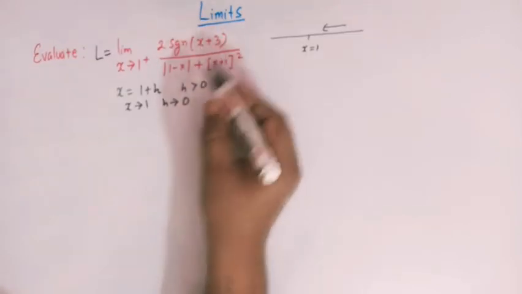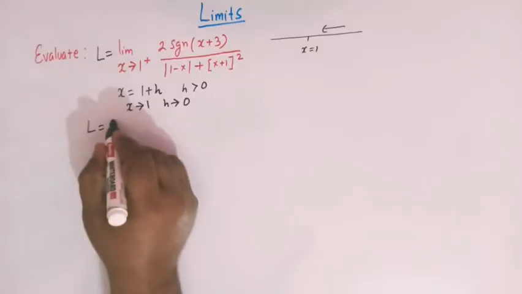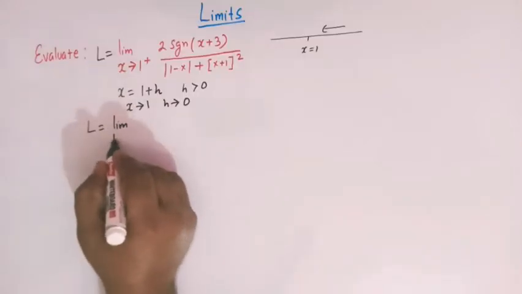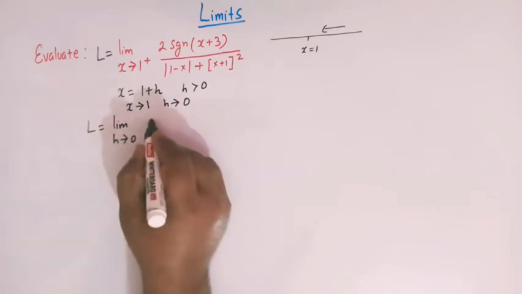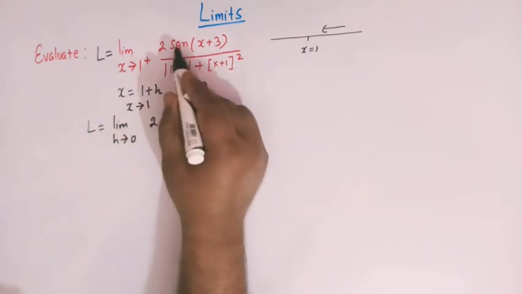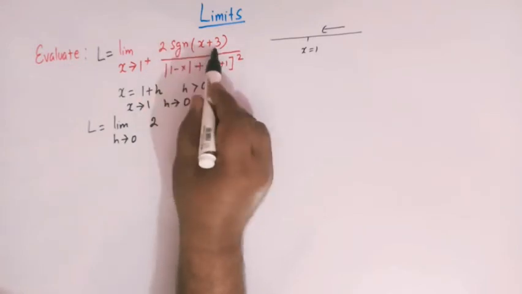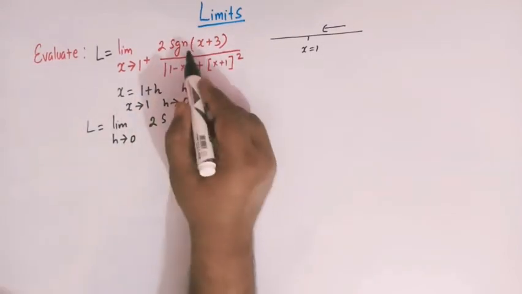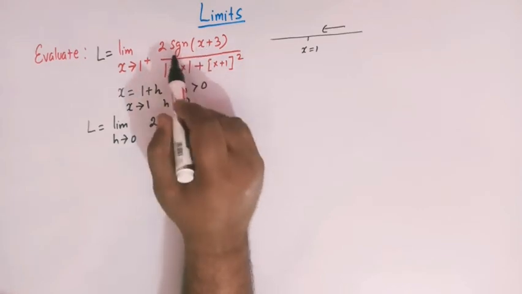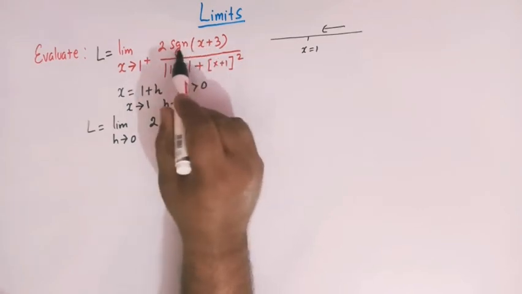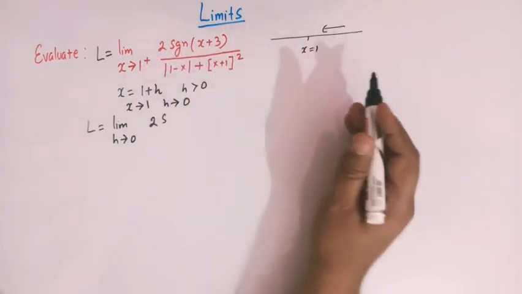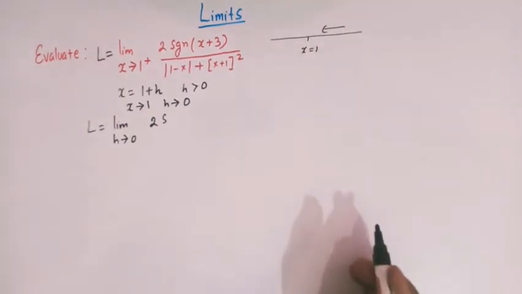So now this limit L can be written as limit h tends to 0, and we have 2 times signum of x plus 3, right? So this is the signum function, and we'll also see the definition of signum function in the later part of this video, right?